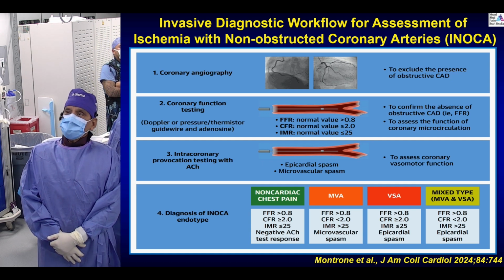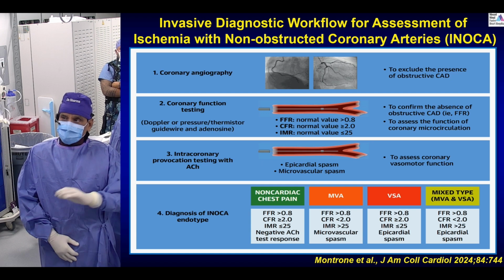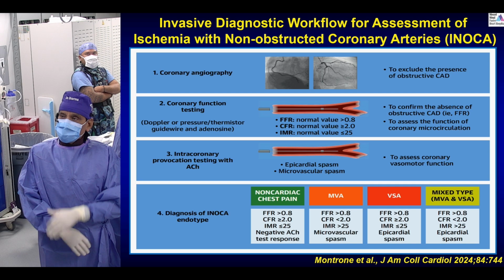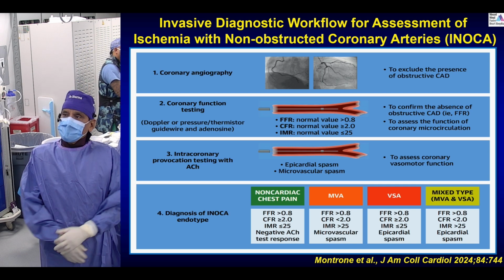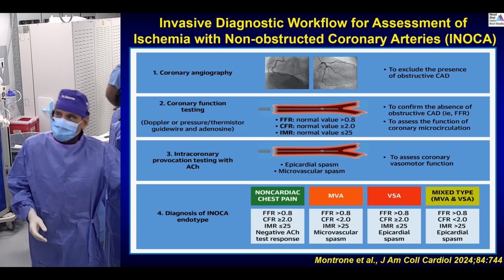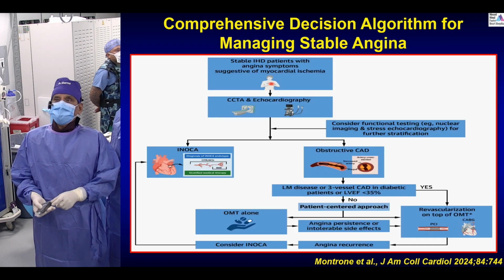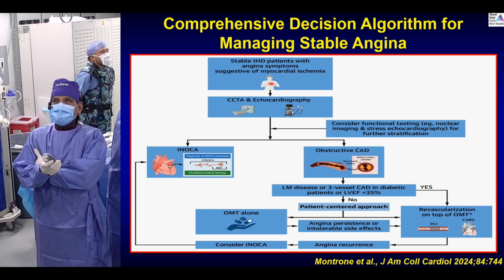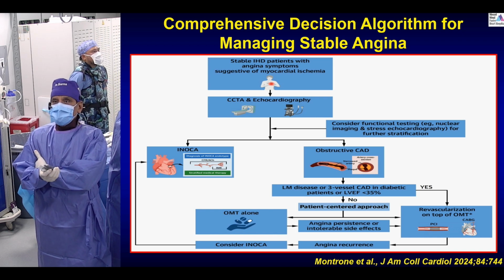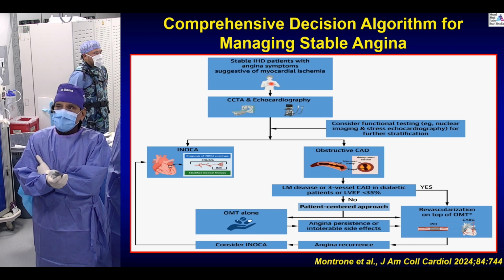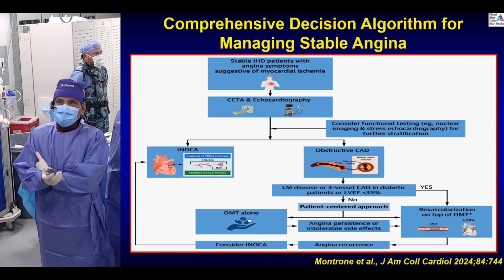And clearly the vasospastic will be that your FFR is of course more than 0.8 and CFR more than 2 and microvasculature less than 25, but you give acetylcholine, there is a spasm, and then of course there is a mixed variety of these things that can happen. So that's what basically says that after the diagnosis on the symptoms, you do a CTA or echocardiography, and if the epicardial vessel is normal, then you are talking about INOCA. Make sure you follow that.